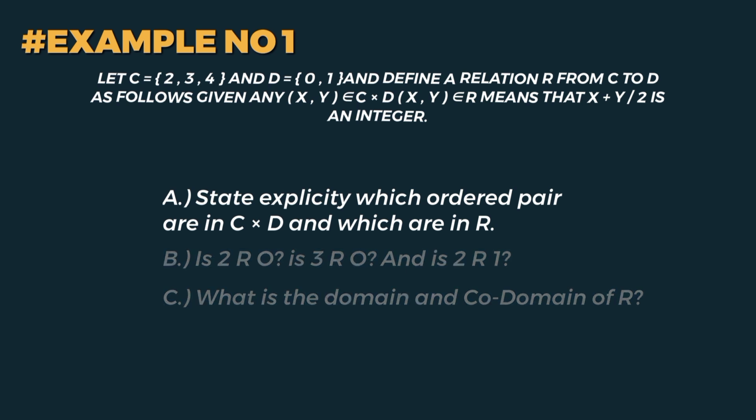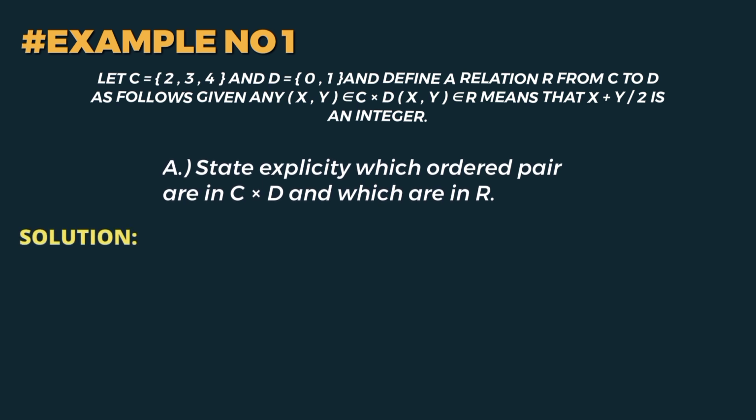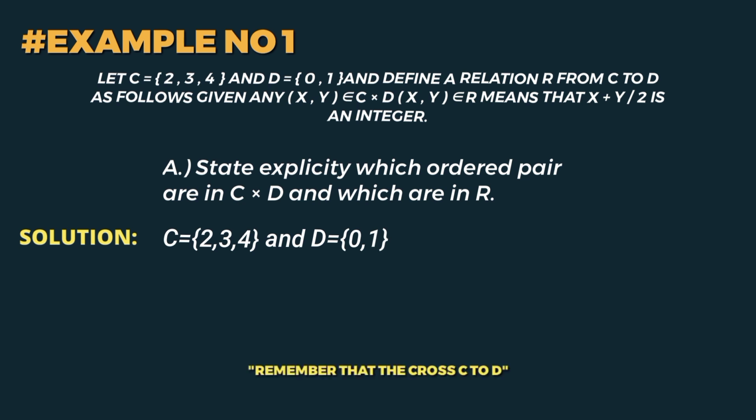C. What is the domain and codomain of R? So we have here our A. To answer A, let us first determine C cross D. We have C is the set {2, 3, 4} and D the set {0, 1}. Remember that to cross C to D, we have to pair C first with the elements of D, and then put the ordered pairs in a set.